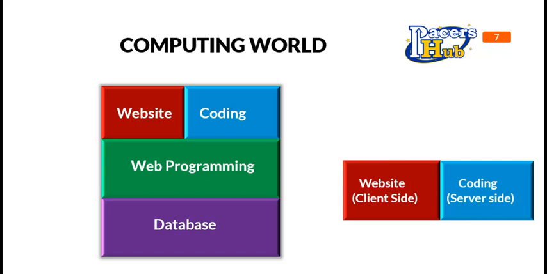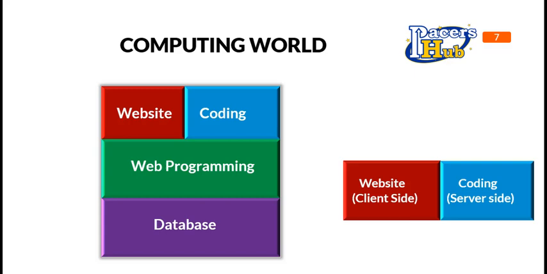Alright, so in the programming world, some of you must have seen this before, but add it to whatever you know, then we'll move on. In the programming world, we have all these items. We have a website, we have coding, we have web programming, we have database. This block here is very fundamental, that everybody needs to know. So if you say you are a website designer, that means you want the part of website.